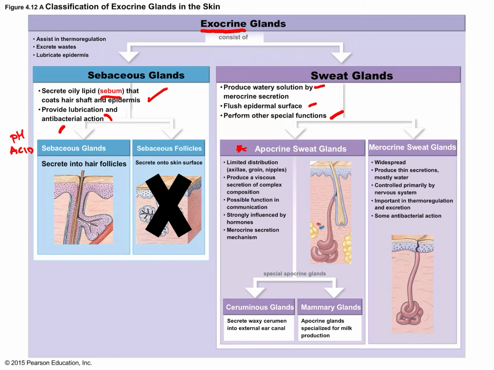So the secretions that it makes are viscous, meaning thick. They're complex, meaning that there's a lot of different kinds of molecules in it, organic molecules, and everybody's is different because we all know that everybody has their own special body odor. And some people are attracted to a certain kind of body odor and not attracted to another kind of body odor.